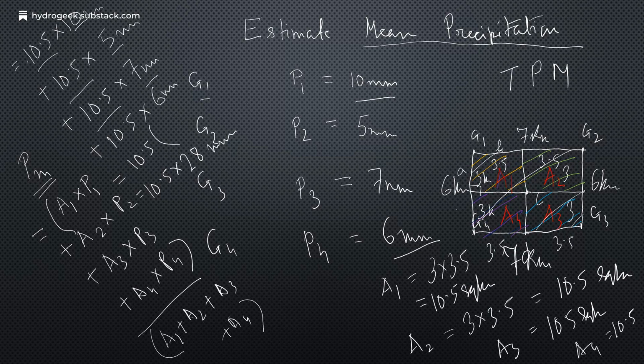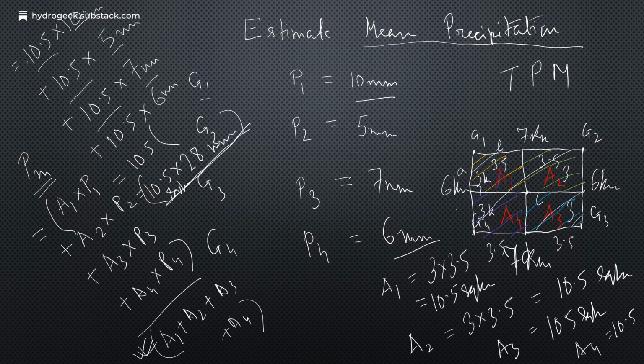Now I think we have forgotten about the division by the total area of the watershed, correct?